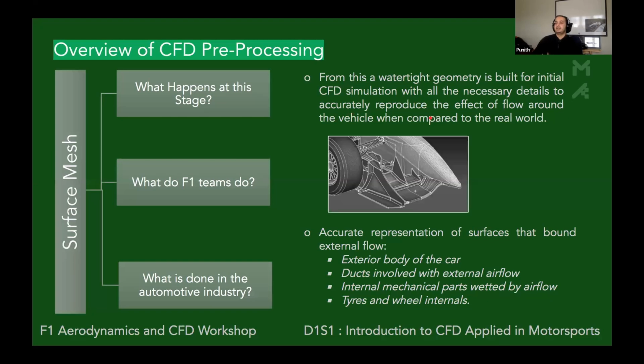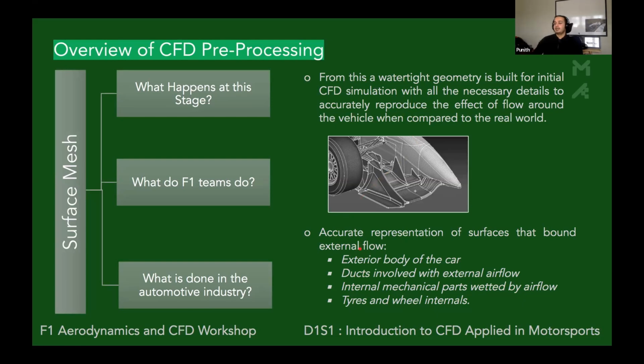The fundamental idea is that once you have the design of a vehicle, you prepare a watertight geometry for a CFD simulation, and it needs to have all the necessary detail that will accurately reproduce the effect of flow around the vehicle when compared to the real world. So you don't necessarily need to take every bit of detail, every nut, every screw, everything that is in the car. What I'm trying to get across is, what affects the flow, what is important, what gives you the accuracy of a result. That's what you need to consider in terms of the mechanical systems.